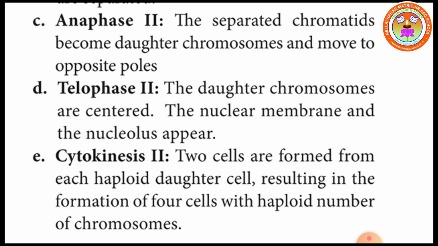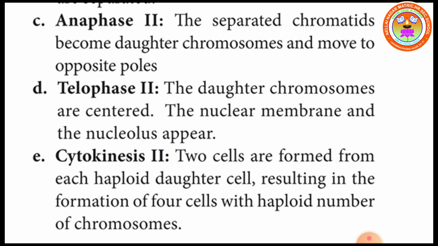You might have observed that at the end of prophase 1, the nucleolus and nuclear membrane disappear; in telophase, both the nuclear membrane and the nucleolus start to reappear. Once the daughter chromosomes are centered, the nuclear membrane and nucleolus reappear.